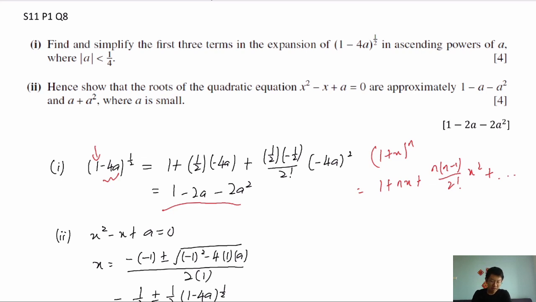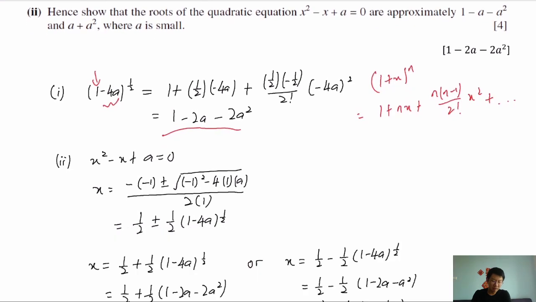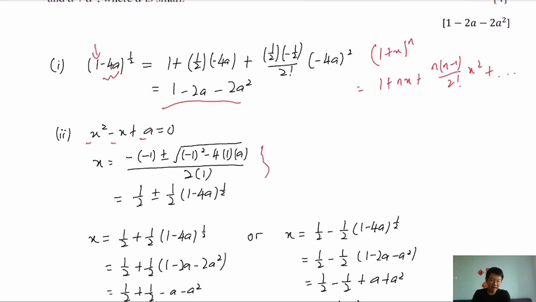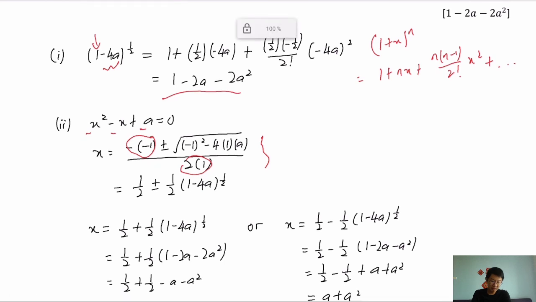Just substitute all the values of the coefficients into the formula, and this is what we get. The positive one we get from here, and this is a 2. We need to simplify what we have inside the square root, and when we simplify, we get 1 − 4a.